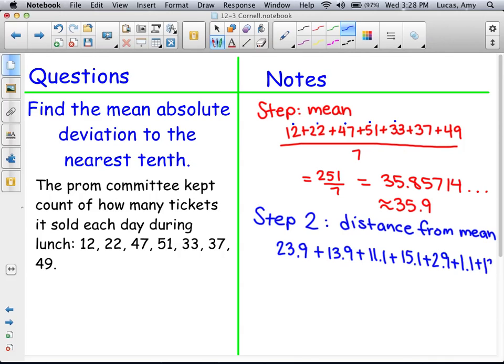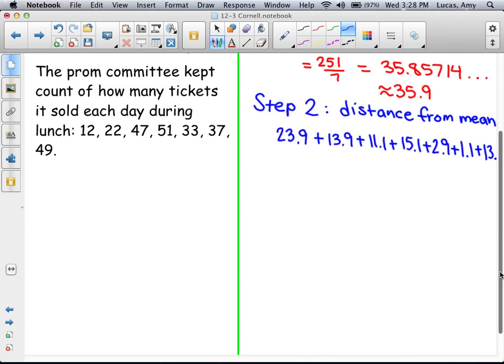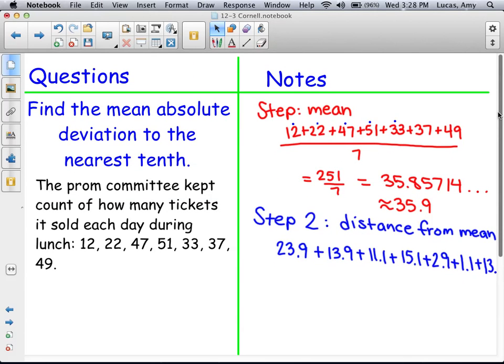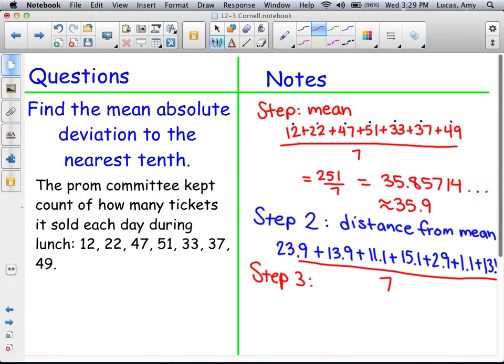And my last one is 13.1 units away. So I need to add those all together because on step 3, we average them. So step 3, I have to add them all together and then divide by 7.